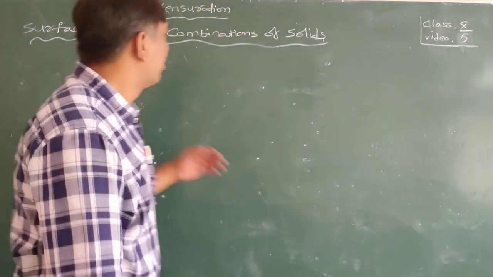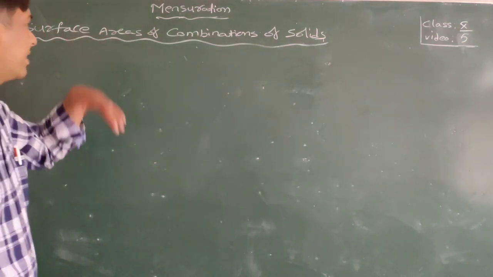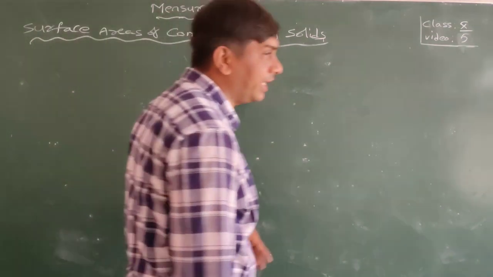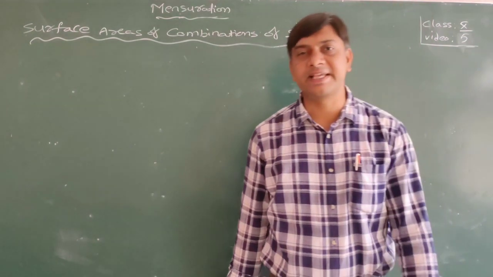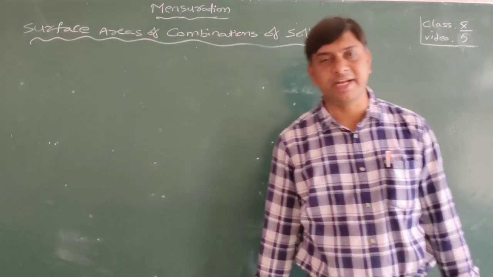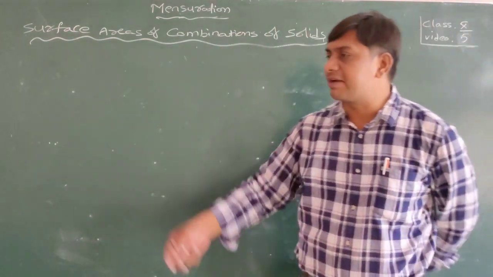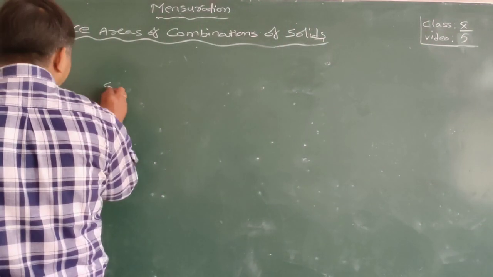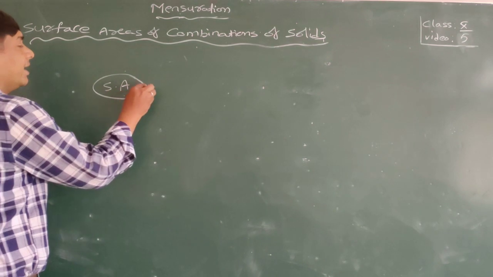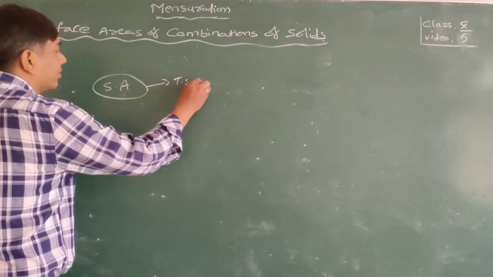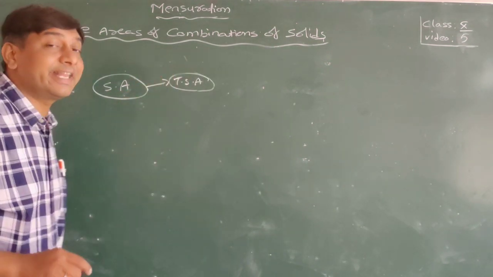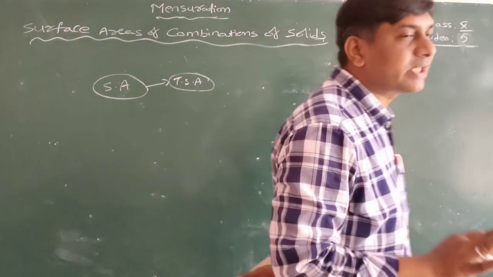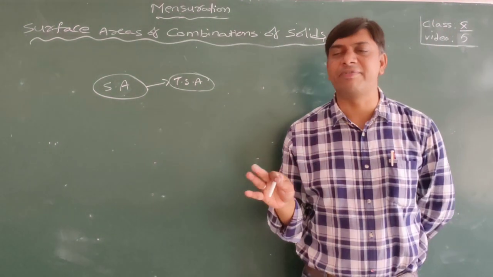Now the next concept is surface areas of combinations of solids. In this concept, surface area is nothing but the TSA, the total surface area, which we have to find out.